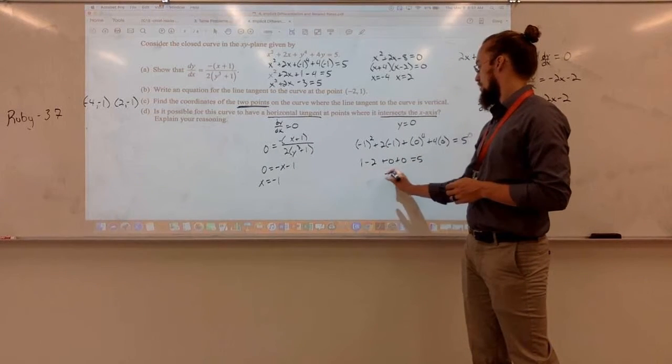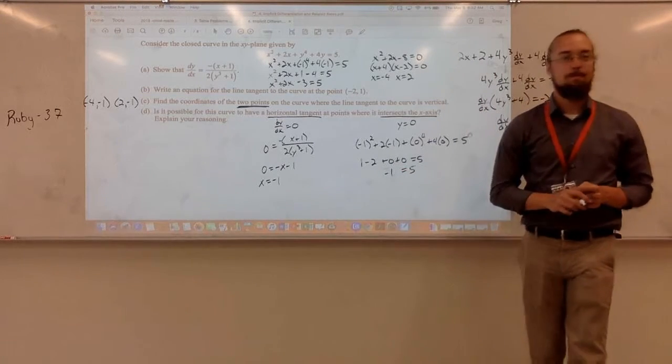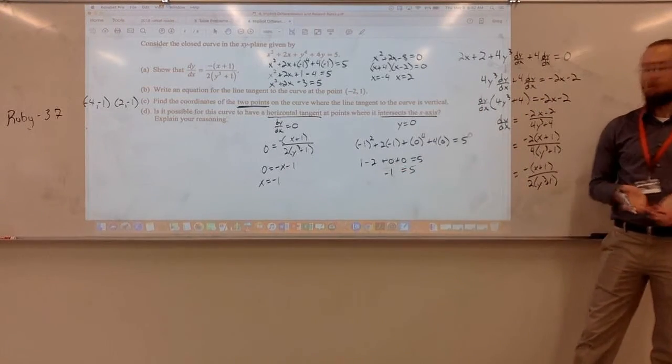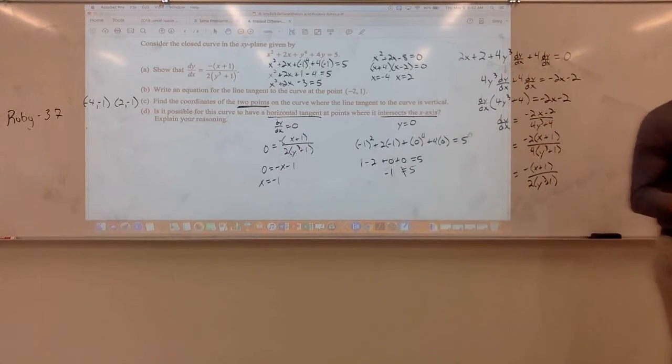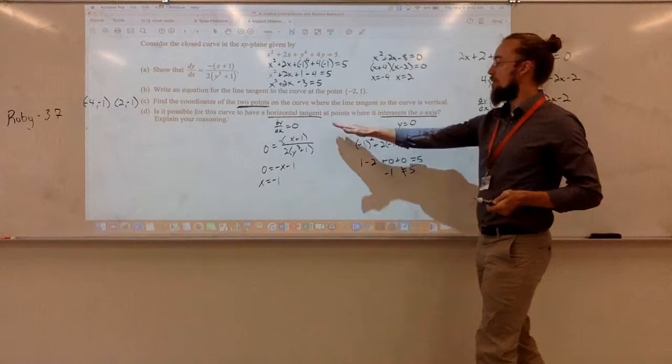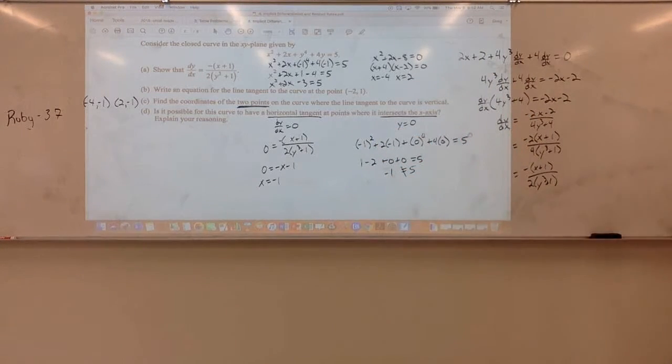So we get negative 1 equals 5. That's obviously not true, right? That is not a true statement. So to answer the question, is this possible? Well, no, it's not. We can't have a horizontal tangent where we intersect the x-axis because we get an untrue statement when we take those two things into account.